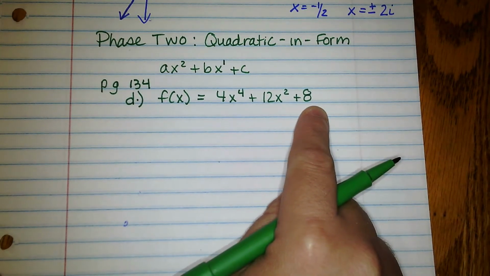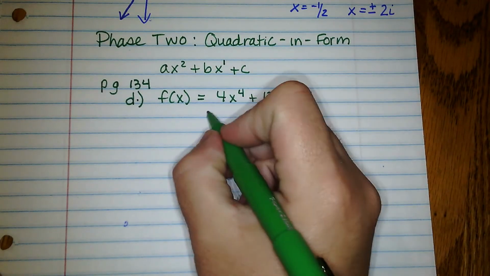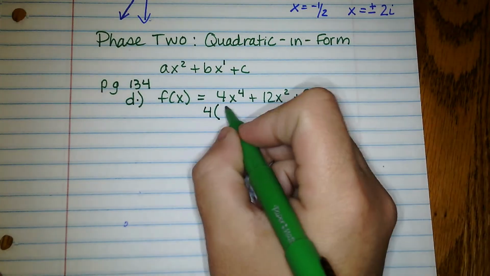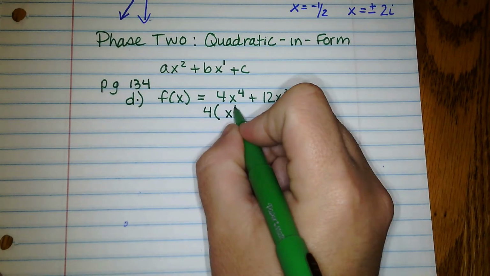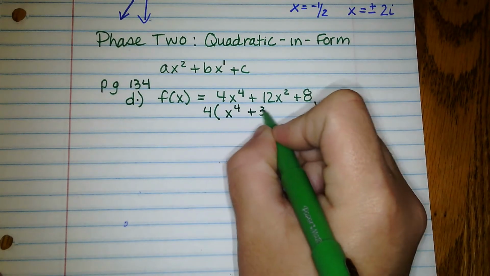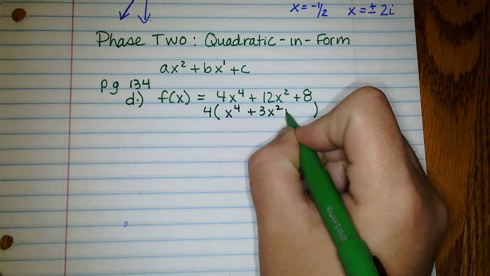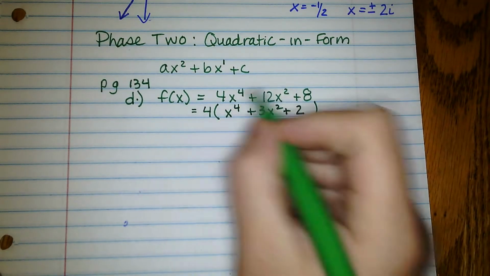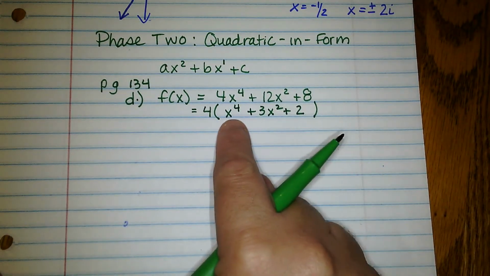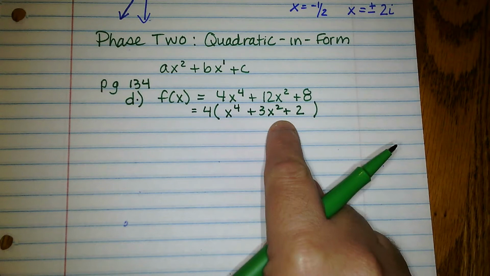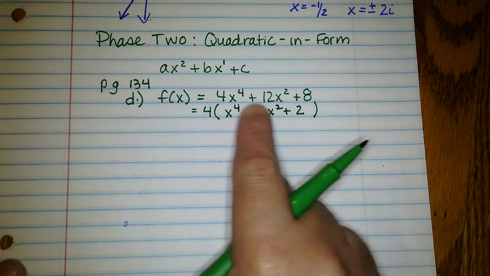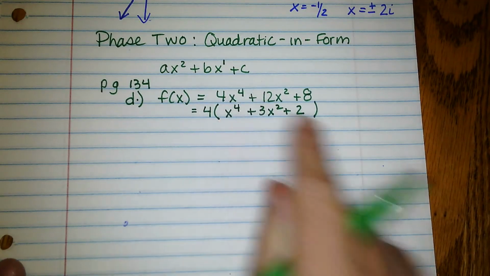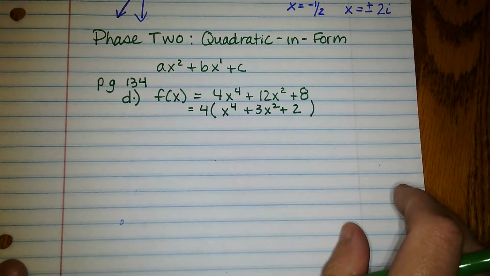Now, what I see right off the bat is a GCF. And the first thing I want to do is take out that GCF. So I'm going to factor out that 4, and I'm going to end up with x to the fourth plus 3x squared plus 2. Now, isn't that funny how this looks so complicated, but if I gave you the quadratic x squared plus 3x plus 2, it would be super easy to factor.